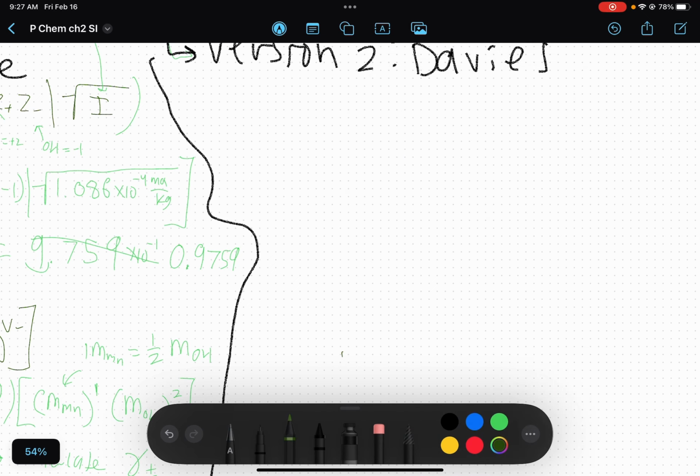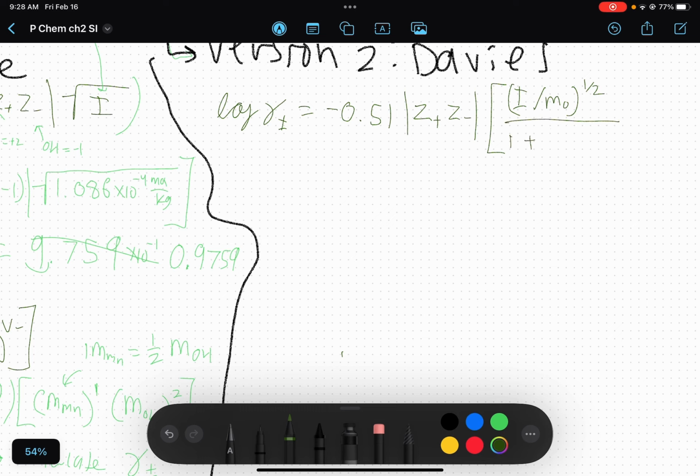So the Davies equation is log gamma plus minus is equal to negative 0.51 absolute value of z positive times z negative, all that times I over M naught. She has it as 1 over 2. It's basically the same thing as square root. I'm going to keep it as 1 over 2 because it's less straight lines to write.